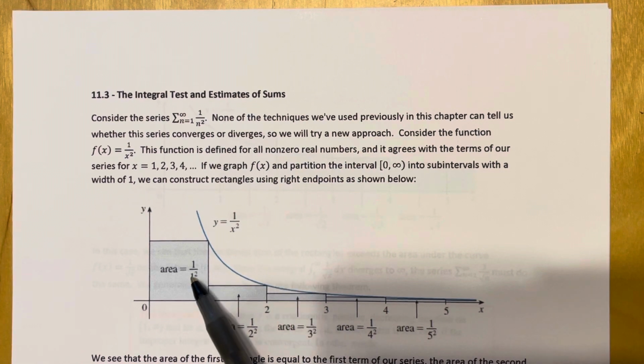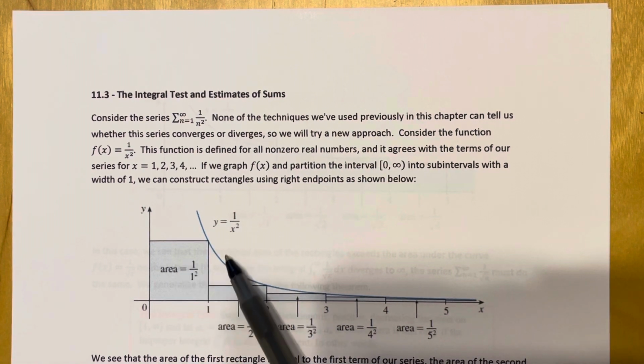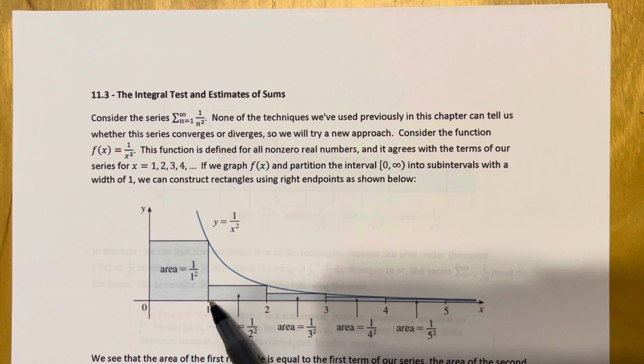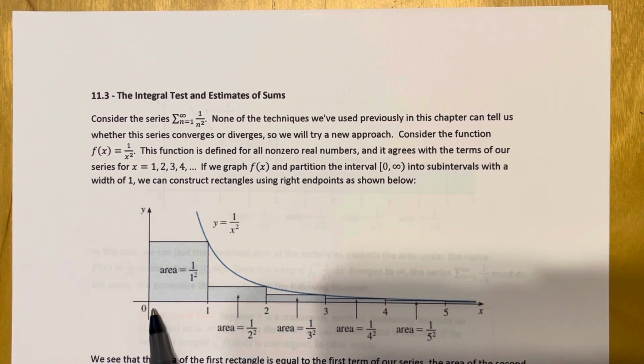If I'm plugging in right endpoints in these subintervals, and if I make my subintervals have a width of 1, so I have an interval from 0 to 1 here, an interval from 1 to 2, one from 2 to 3, and so on.